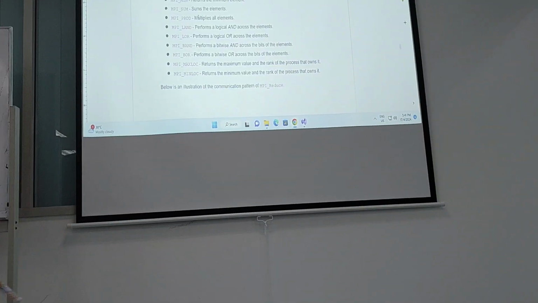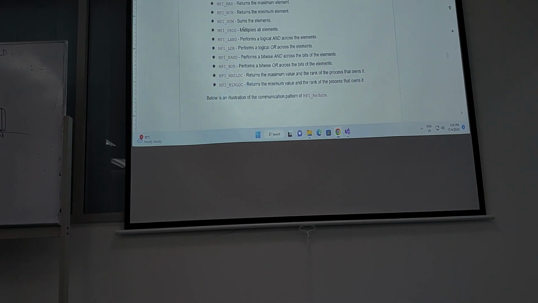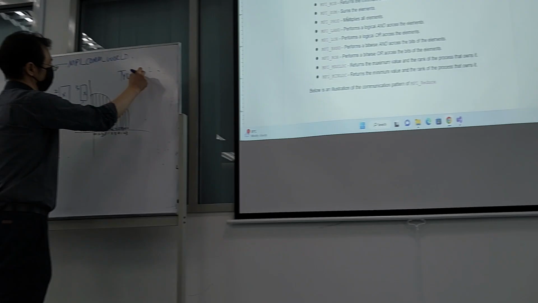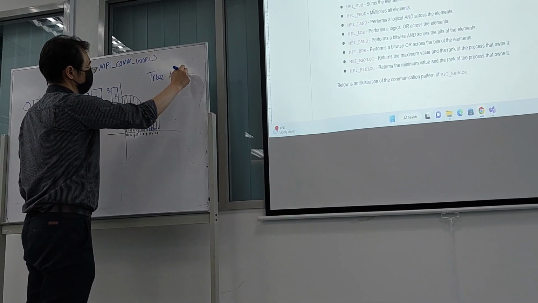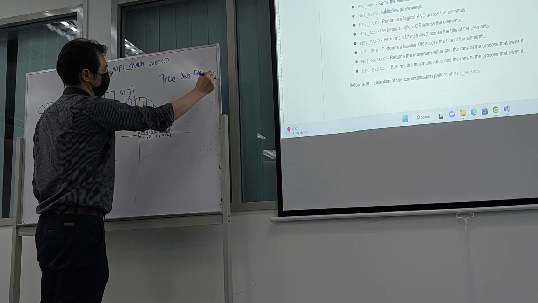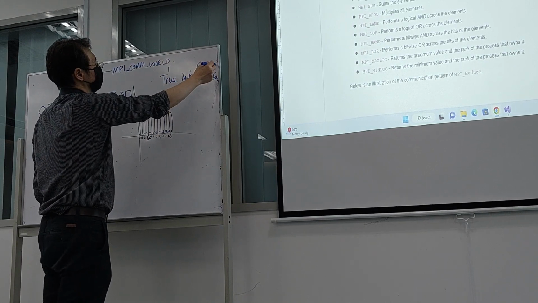How about land, lor, and band, bor? Logical and, logical or, bitwise and, bitwise or. Now, logical AND is basically dealing with true and false only, right? So you got true, and then you AND with false, let's say for example. What do you get? The result is false. True is 1, this one is 0, and then it's 0.